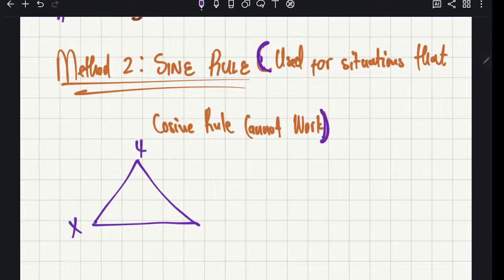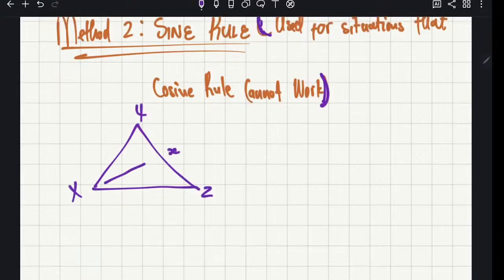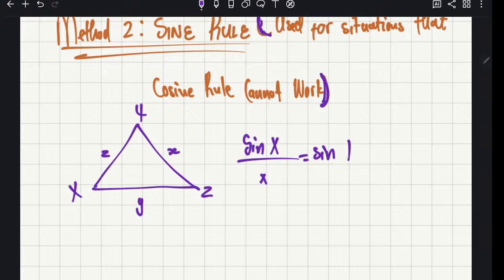And I want you to write sine x over small x is equal to sine big Y over small y, and here it is Z. Write this down.